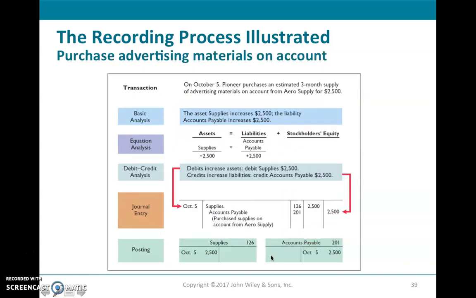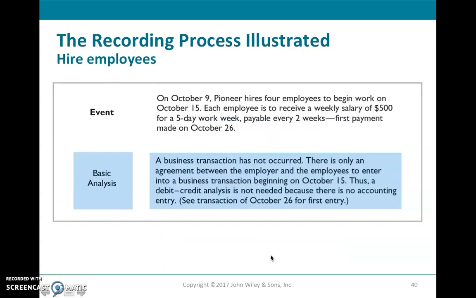Okay, now guys, after all transactions have been posted, we need to prepare a report called a trial balance. Before I do that, I wanted to show you a transaction that does not need recording because you cannot measure it in dollars and cents yet. So in this case, the company hired employees and they told them how much they're going to receive.